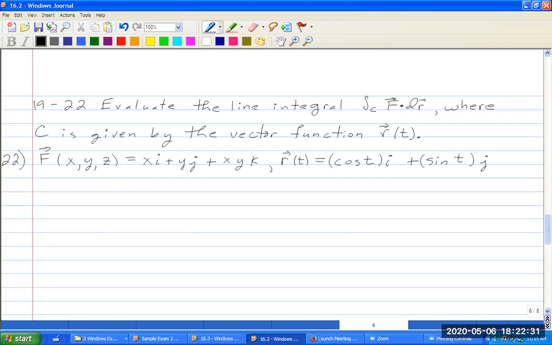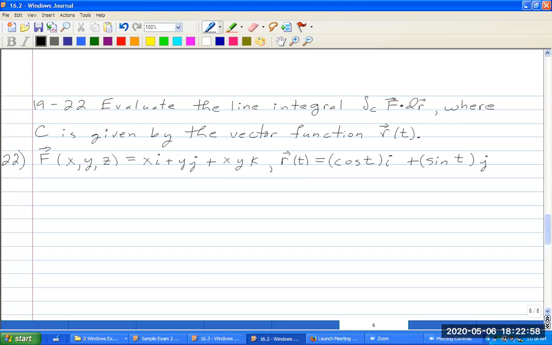Problems 19 through 22. Evaluate the line integral, the integral over c of f dot dr, where c is given by the vector function r. Problem number 22.